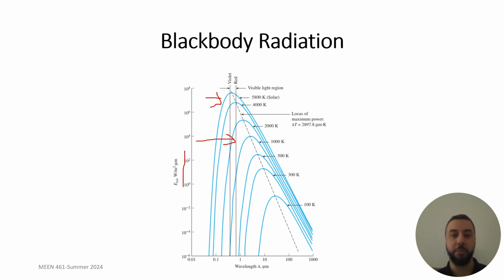So you can see how the emissive black body power changes based off of the wavelength and the temperature. What we'll look at in a bit is, if we're looking at this temperature for example, how much power is going to be emitted between, for example, this wavelength and this wavelength. So that's one of the things that we'll do in the next few slides. So there is a dependence on both wavelength and temperature, and that determines how much heat can be transferred through radiation by a black body.